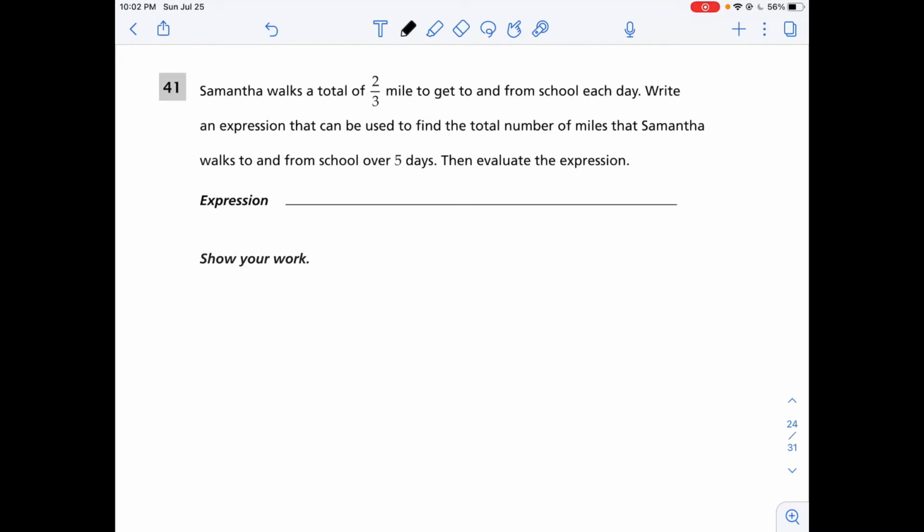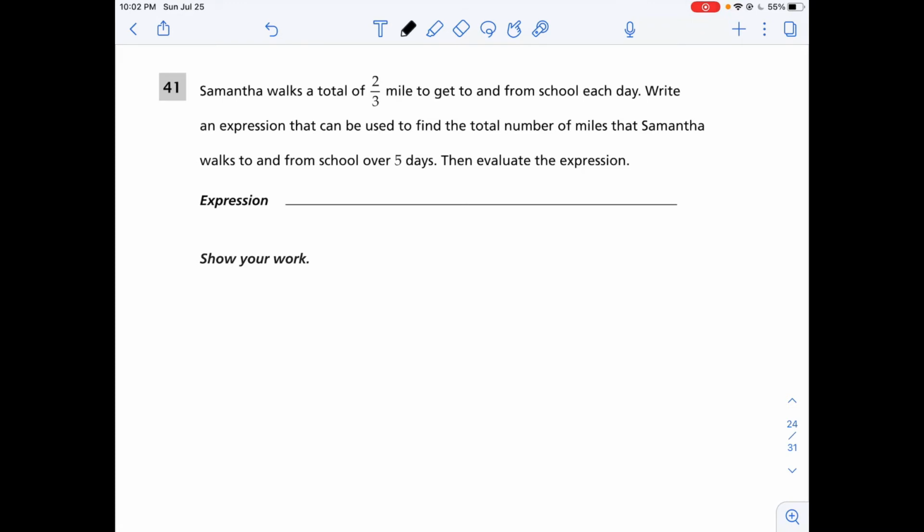Okay, an expression does not have an equal sign. An equation does have an equal sign. Okay, so it says expression and then show your work. So over here, I'm going to write my expression, and where it says show my work, that's where I will evaluate the expression. So she walks a total of 2/3 miles to get to and from school each day.